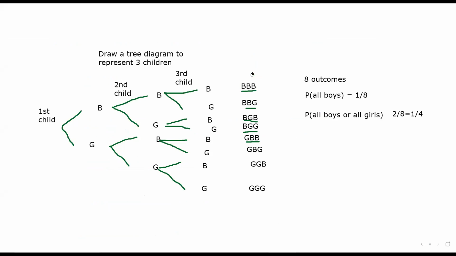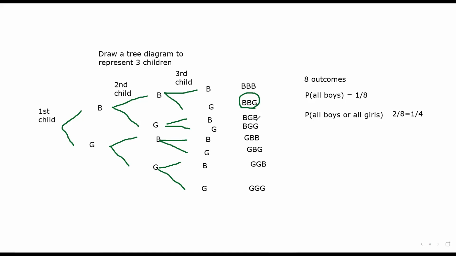So I'm gonna take off some of these. Which outcomes are we talking about here? Be careful, because we only have 3 children. You choose the ones that have either 2 boys and a girl, like this.